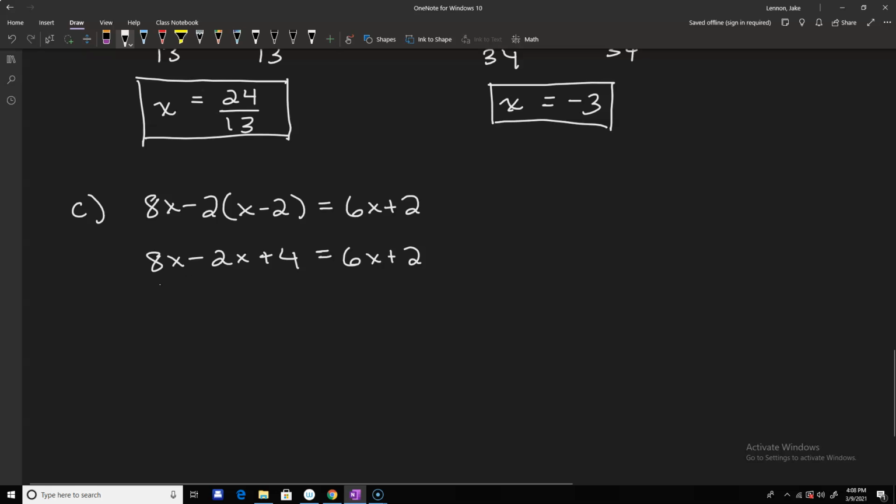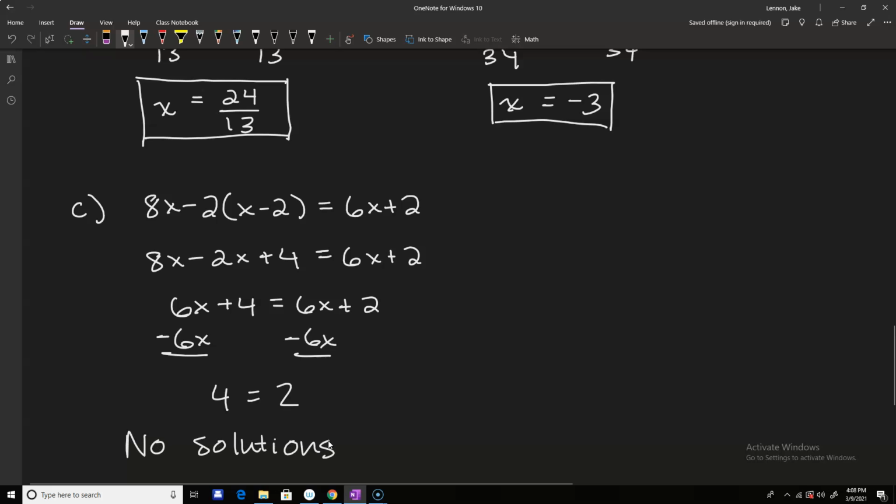So I can now combine 8x minus 2x gives me 6x plus 4, and on the right-hand side I get 6x plus 2. So you might already notice that this equation, it's impossible for it to have any actual solutions. If you try to subtract 6x, let's say, you end up with 4 equals 2, which is impossible. So for that reason, we say that this equation has no solutions.